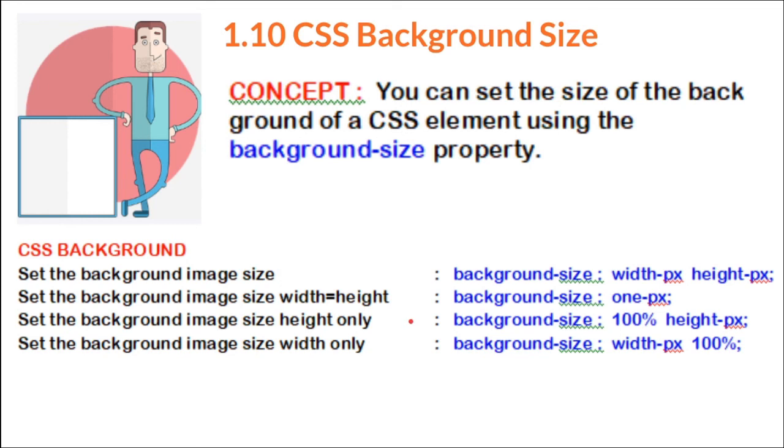We can also set only one of the parameters, for example background size where the width takes up 100%, meaning use up the full width, and set the height to a number of pixels. You can also use the background size to set the width to a number of pixels, and say the height takes up the full height of the box.